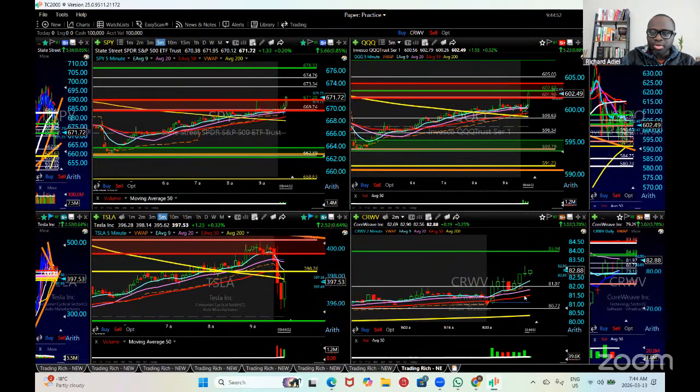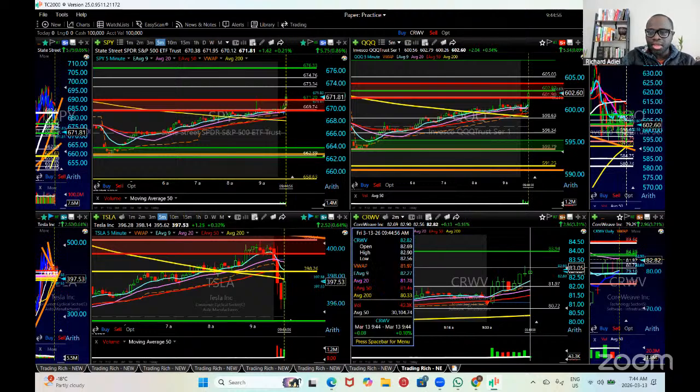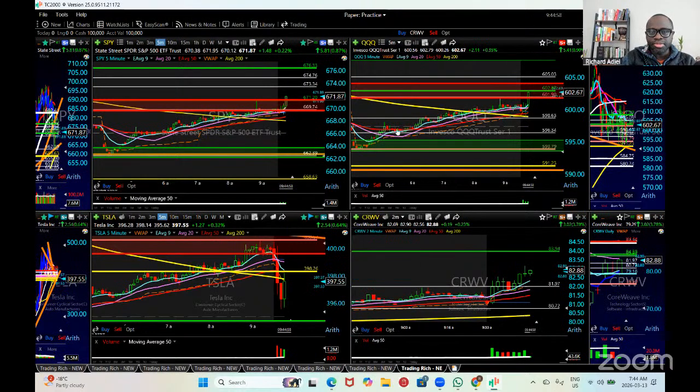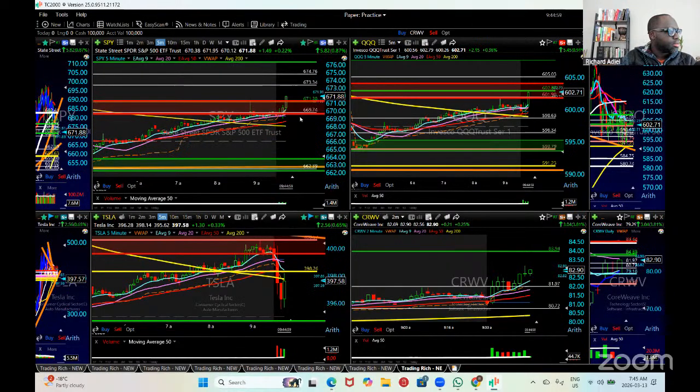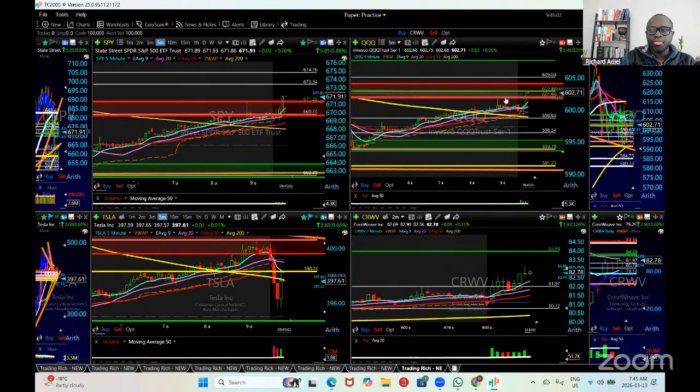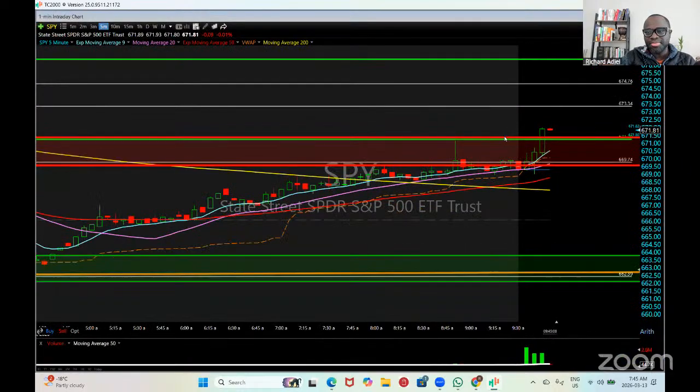CoreWeave is a good one. If you want to take CoreWeave, you can take CoreWeave long. I believe it's going to push up to this area. So basically, with ES, same as SPY, you can take SPY 672 calls or something like that.